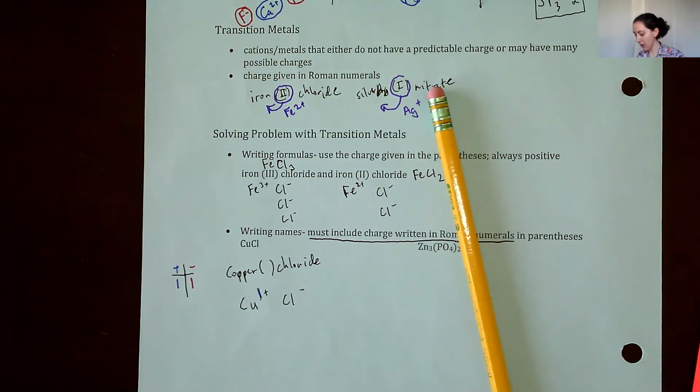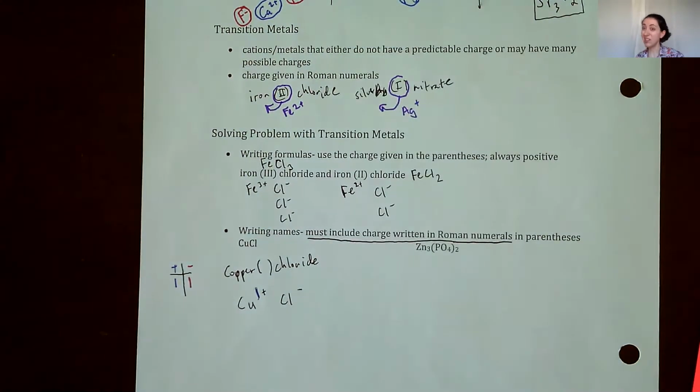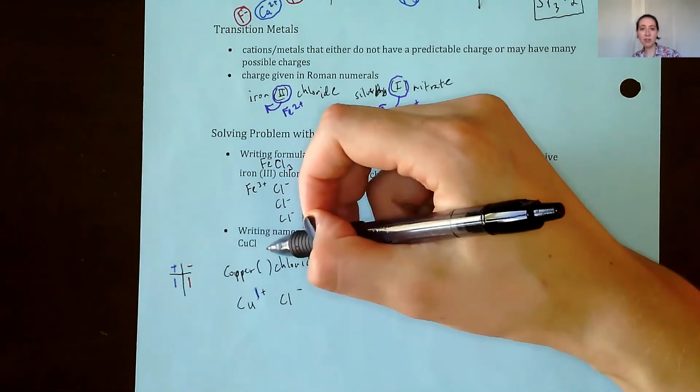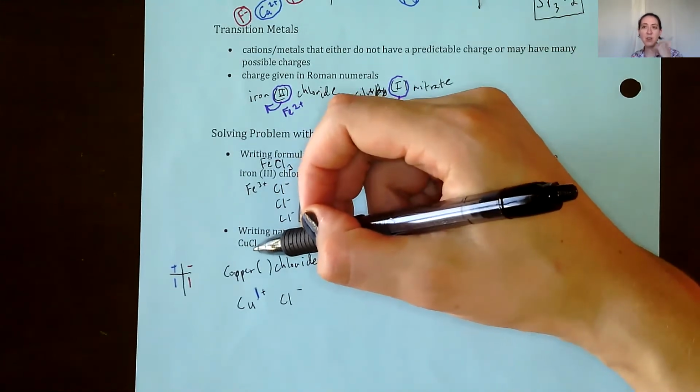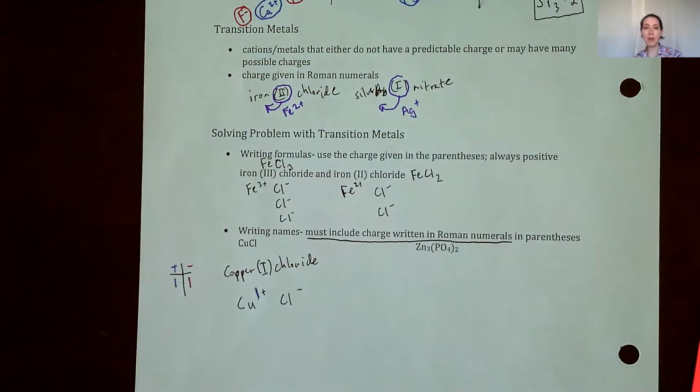So in order for this formula to work, and it does work, it is correct. I wouldn't have written it that way if it were wrong. The copper has to be +1, the chloride is -1, it's a 1-to-1 ratio, and it's neutral. So what we're gonna do here is we're just gonna put a Roman numeral 1. So it is copper 1 chloride.